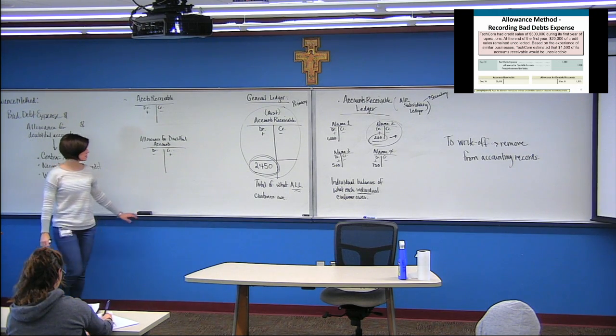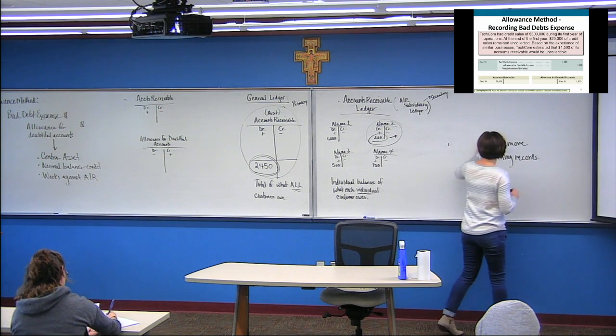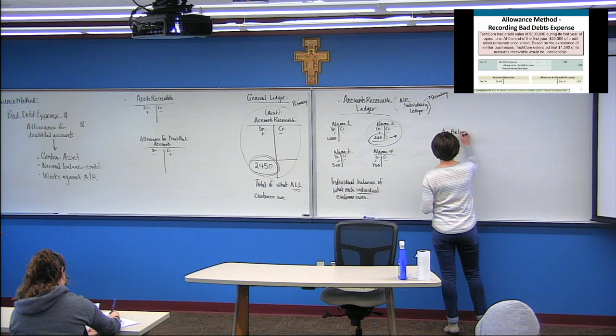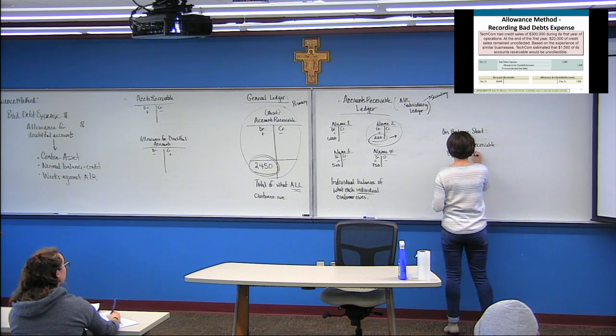On the balance sheet, what you've got to show now is the net of those two. So accounts receivable, and since this is a contra account, we say less allowance for doubtful accounts.